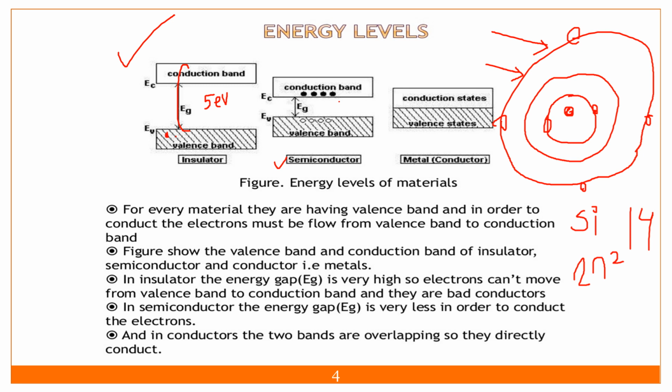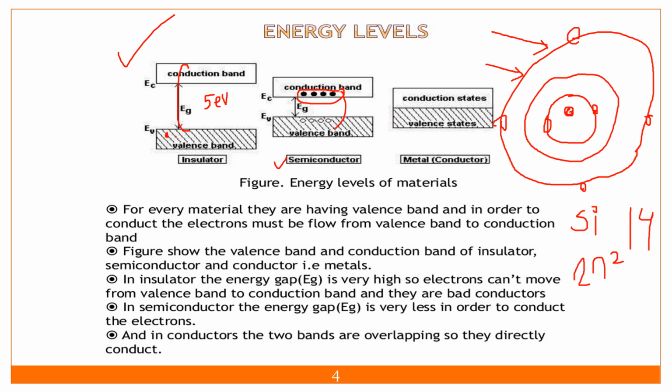That's why the electrons in the last orbit of silicon, germanium or gallium arsenide atoms will gain the energy and go to the conduction band. And these electrons will take part in conduction. Conduction means carrying a current.